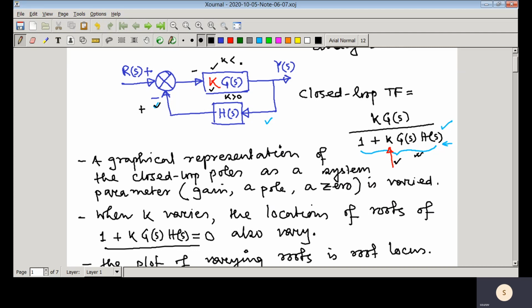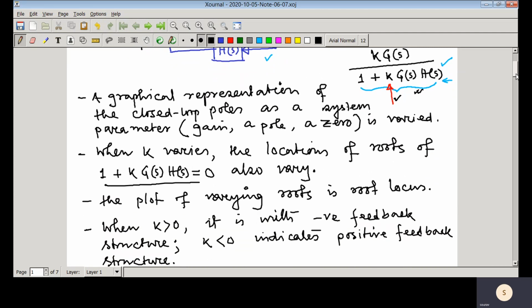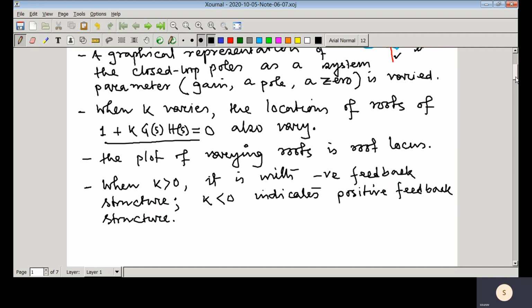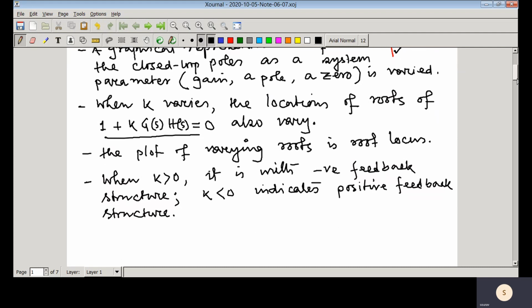And when k is negative, we can just put a negative sign here, and if we put a positive sign here, then effectively again it would be 1 plus k GsHs. So our aim is to formulate this problem, a closed loop control system problem, in this particular framework. That is called the root locus framework.